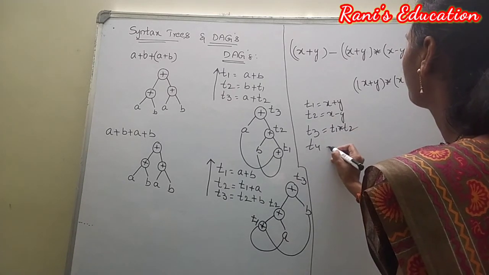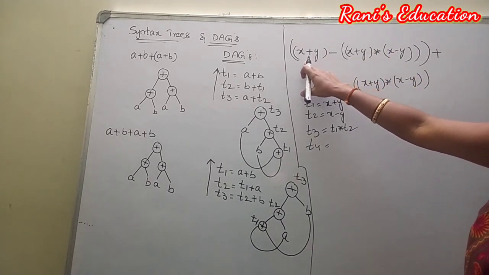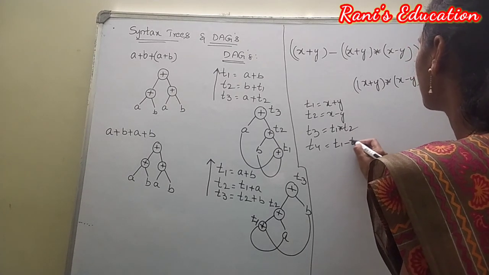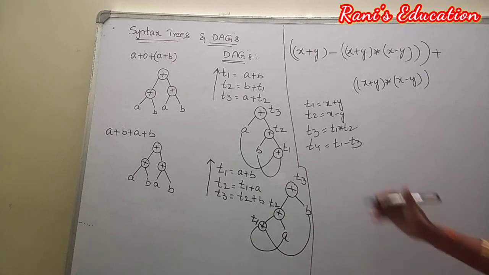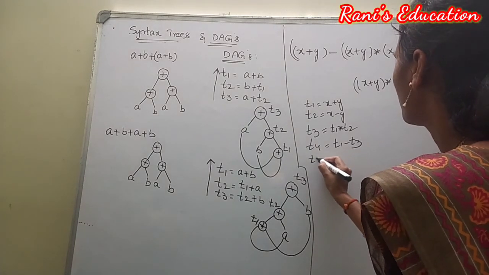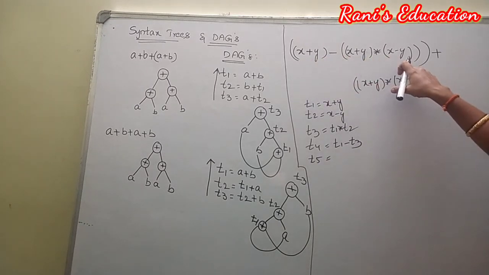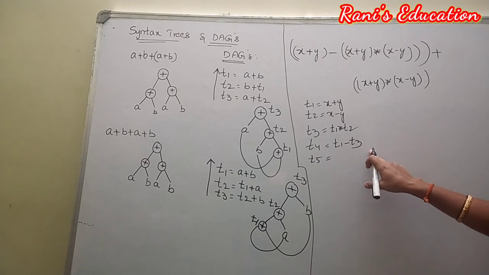Go for T4. After taking this multiplication, you are going to take it with this x plus y. That is T1 minus T3. Now, what is T5 here? We have computed this entire sub-expression, that is T4.